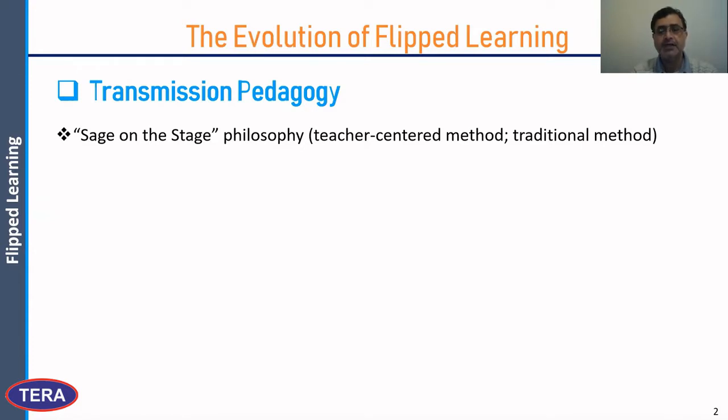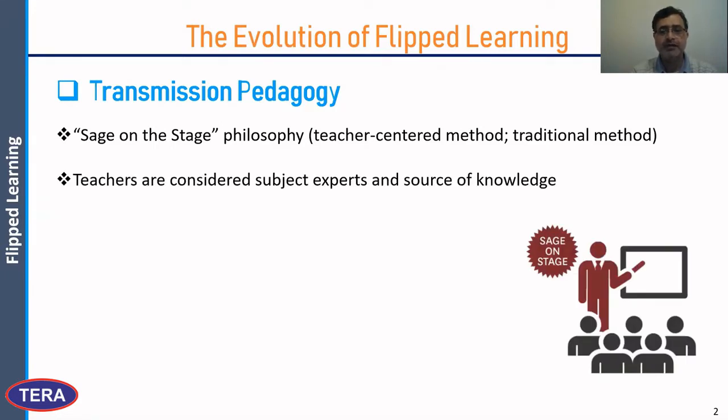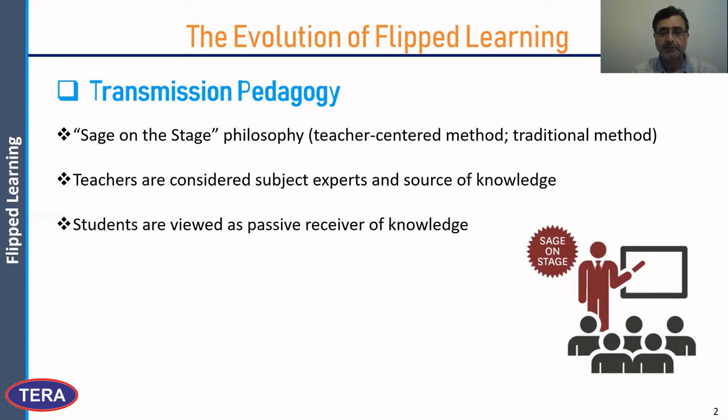Sage on a stage is a teaching method where the teacher imparts knowledge by lecturing to their class. In other words, the expert provides their knowledge to others so that they could learn from their wisdom. The teacher transmits their knowledge to the students who passively observe the material, and later on they use it for their learning.